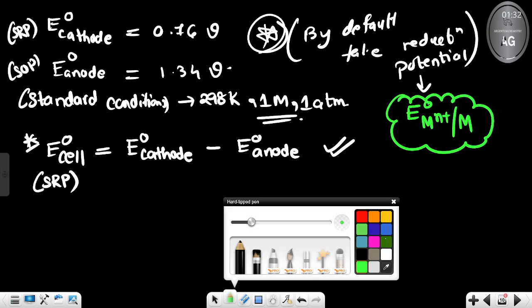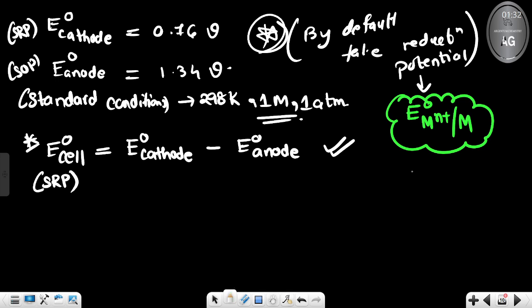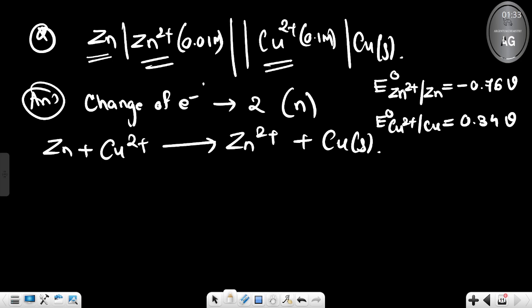Because this is reduction. If the value given in the question follows this format, then okay, I proceed with this formula. If it is not following this format, I will change it first. Following this format, Mn+ then M, whatever given data is correct data, so I can just write it from there, no problem.